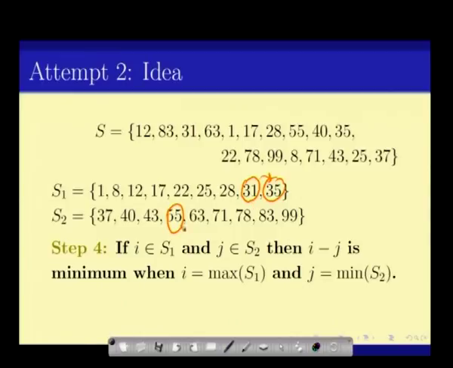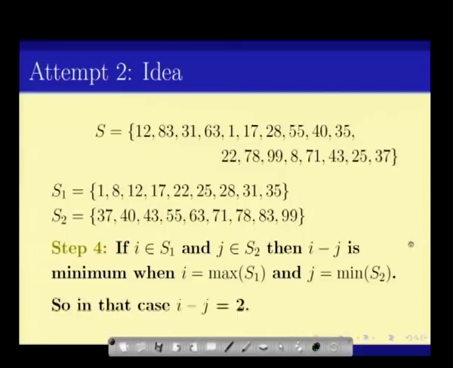And similarly, I know that 37 is less than 55. So, it is a clear observation that the minimum can happen only when I take the maximum in the set S1 and the minimum in the set S2.